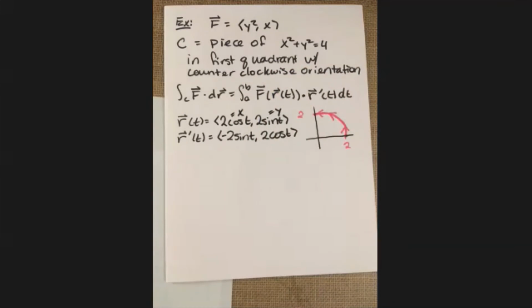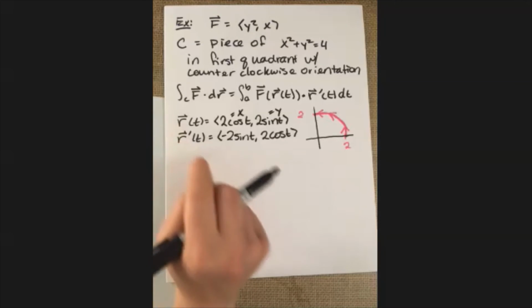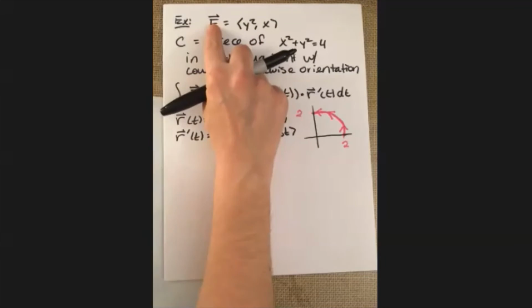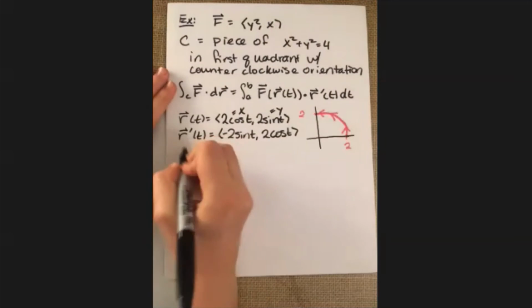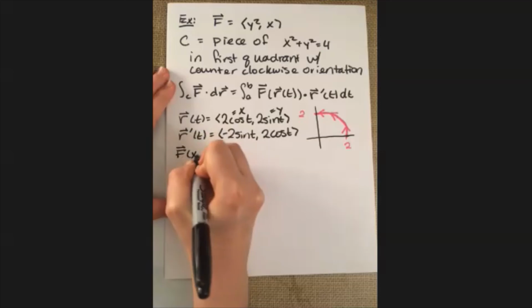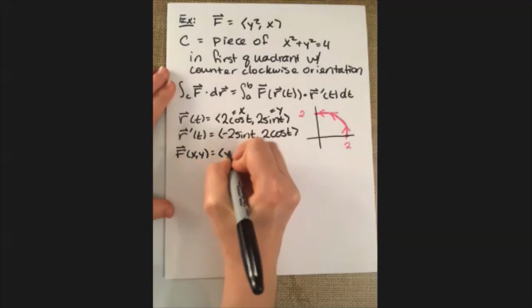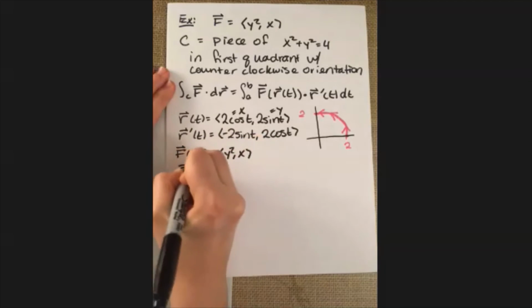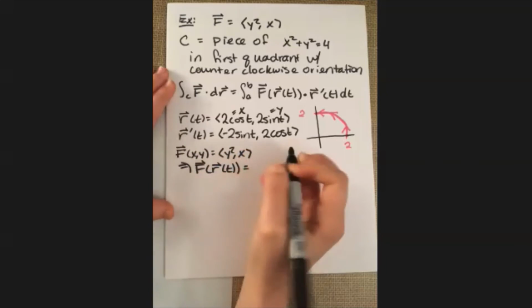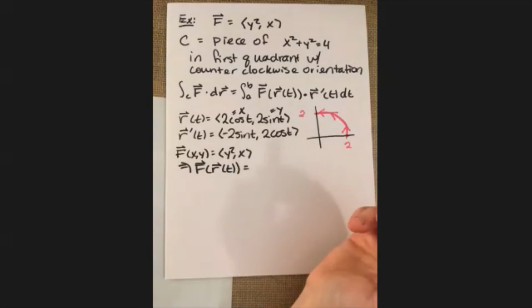And it's really important that you're keeping track of r versus r prime and what x and y are, because now we're going to want to plug into f. We want to figure out what is going to get plugged into our vector field here. So f of xy is equal to y squared x, which means that f of r of t is equal to, well, it's very easy to make a silly mistake. Everybody makes it. I myself am guilty of this.